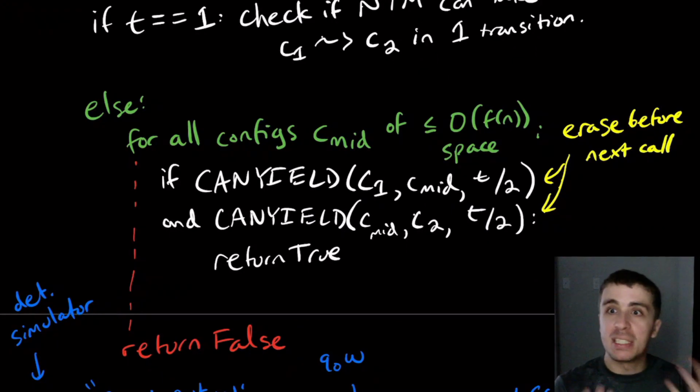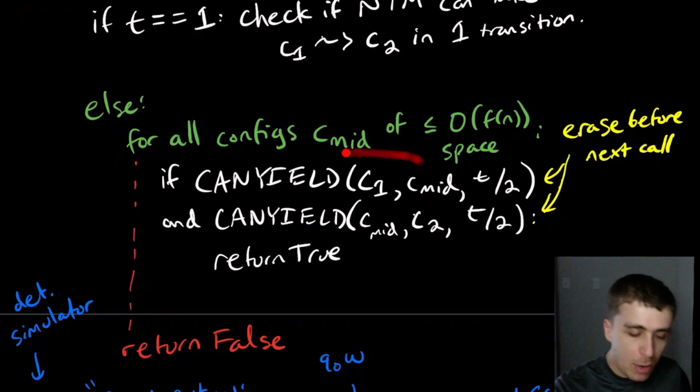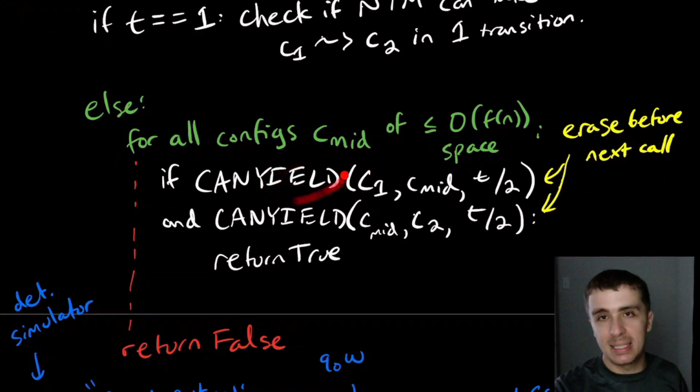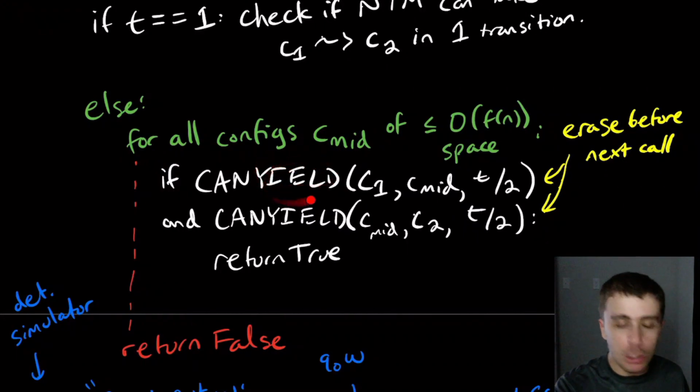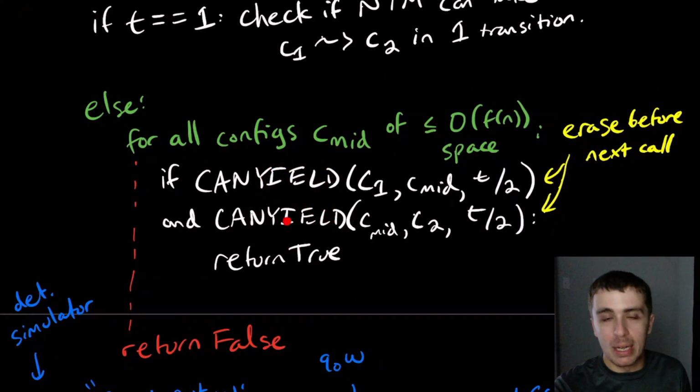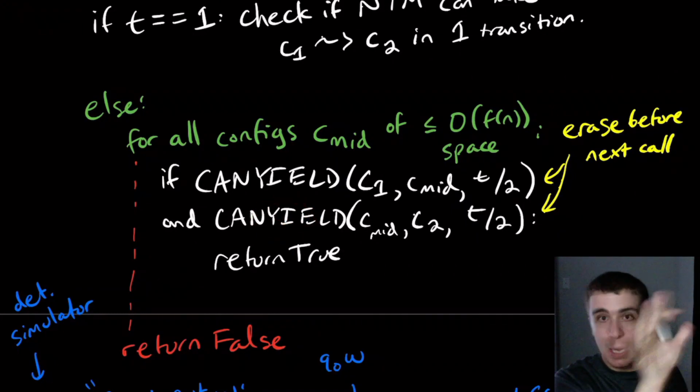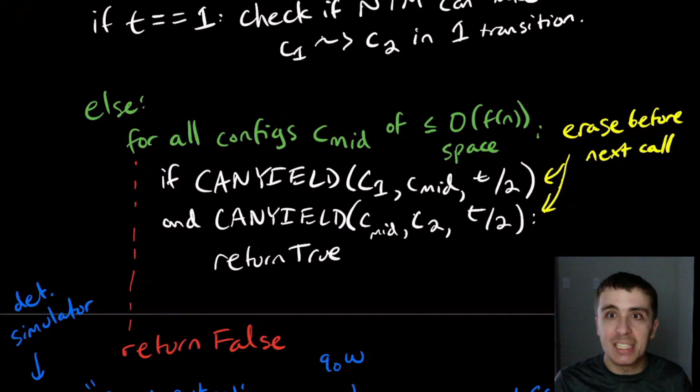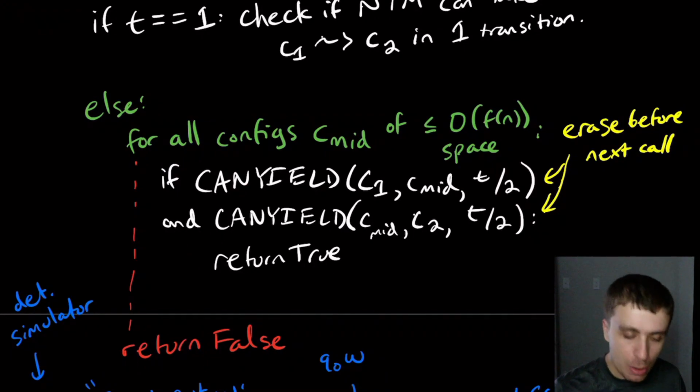Because we want to use as little space as needed, and we only need the one bit to say whether or not, say, this one is true or not. In fact, we don't even need that. So if this first one returns false, don't even call the second one. Just go up here and then try again. If this one returns true, then you call this one, and that's what you will examine at that point. But you erase the tape, whatever was on the tape before, you erase it completely, before the next call.